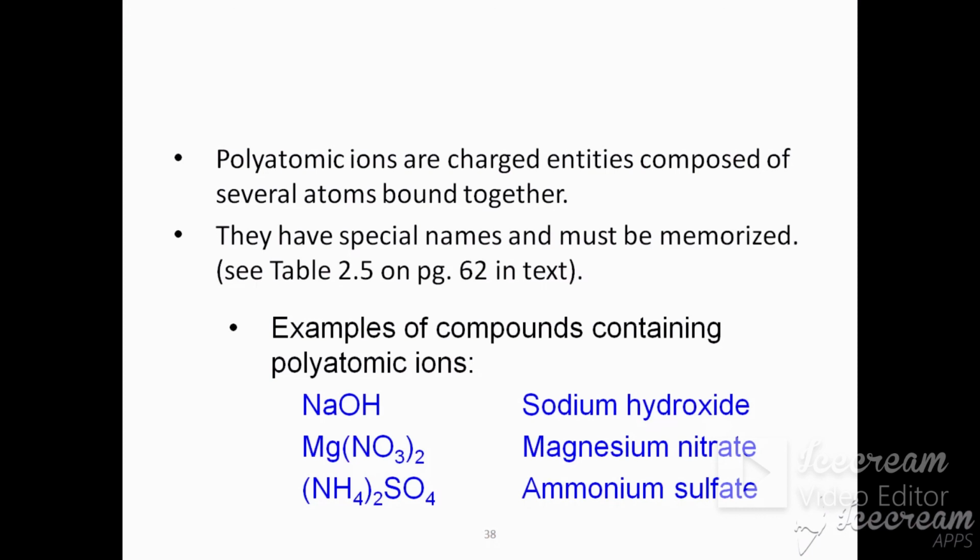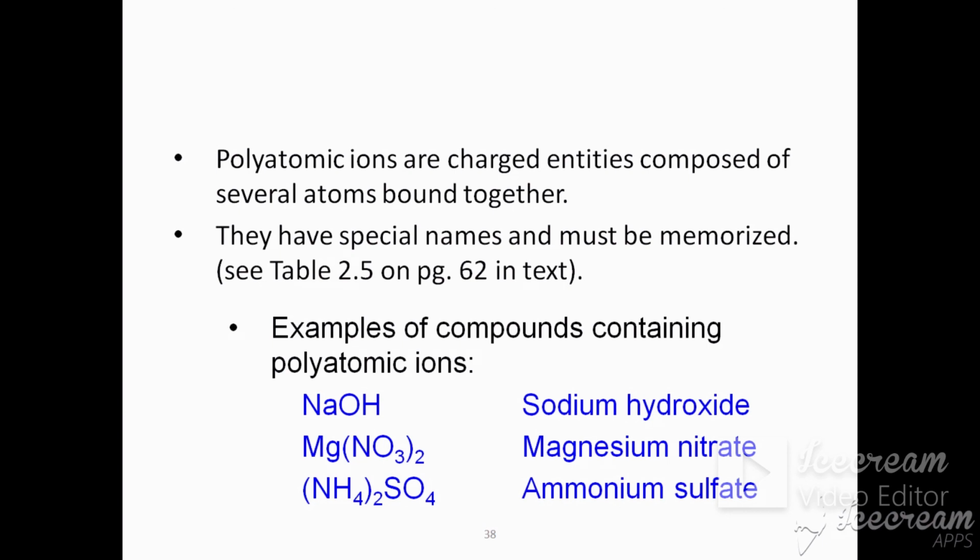Polyatomic ions are charged entities composed of several atoms bound together. They have special names and must be memorized. See table 2.5 on page 62 in the text.